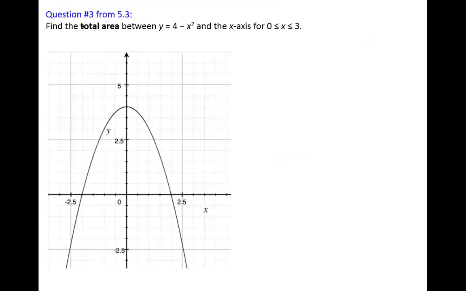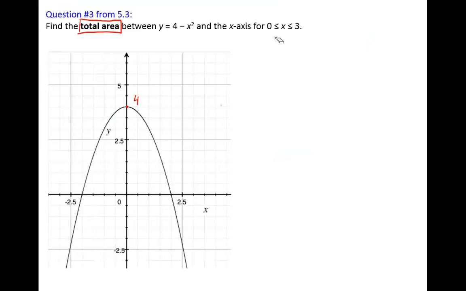That means now we're not only integrating, we're using integrals as an application. The total area between the function 4 minus x squared, which is an upside down parabola with 4 units up, and the x-axis.